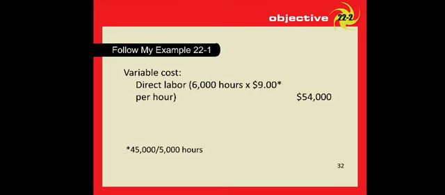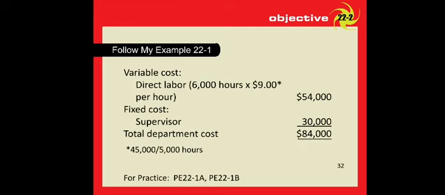when the business uses flexible budget, the direct labor is 6,000 times $9 per hour. How do you get $9 per hour? Because in the sample question, the expected cost of 45,000 is for 5,000 hours.